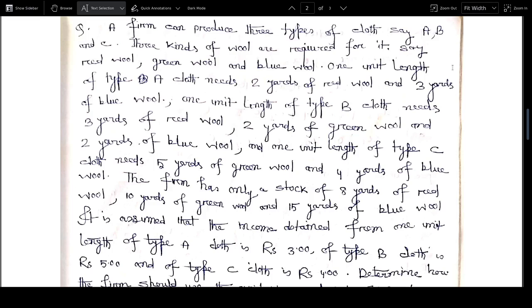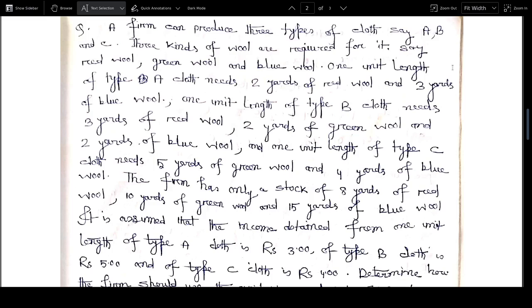So from here you see, first, the farm produces three types of cloth, A, B, C. If you consider the farm produces x1, x2 and x3 units of the three types of cloth, right?